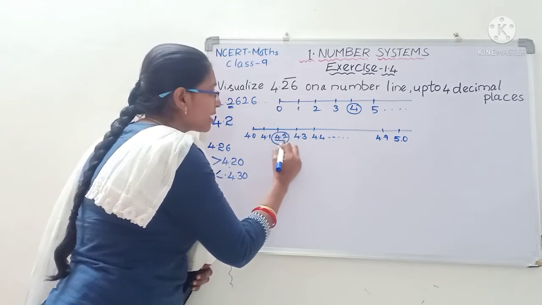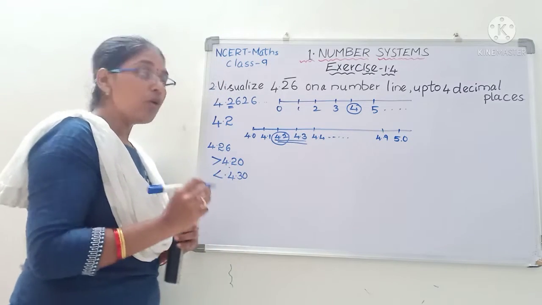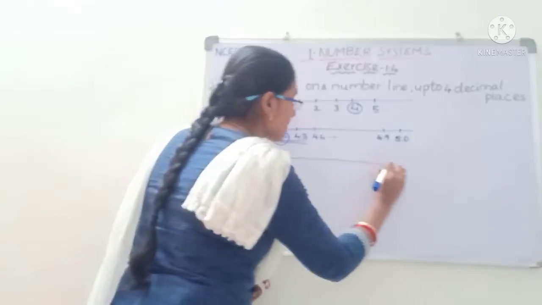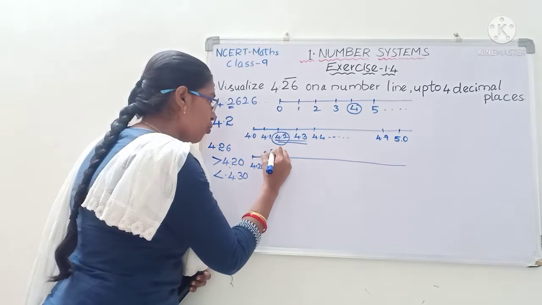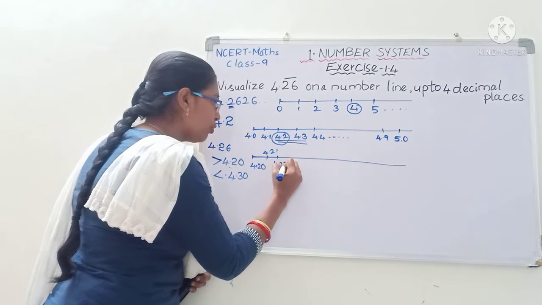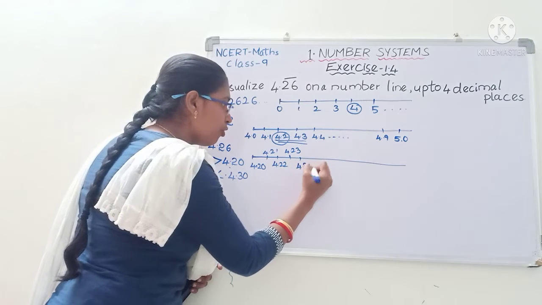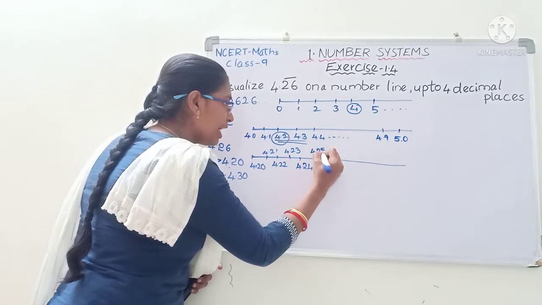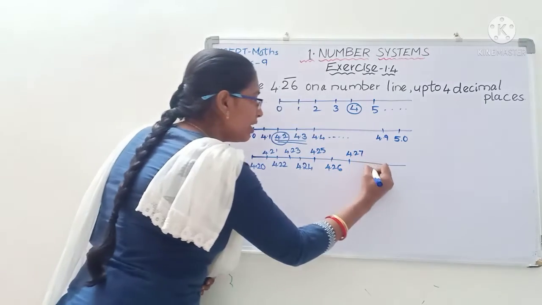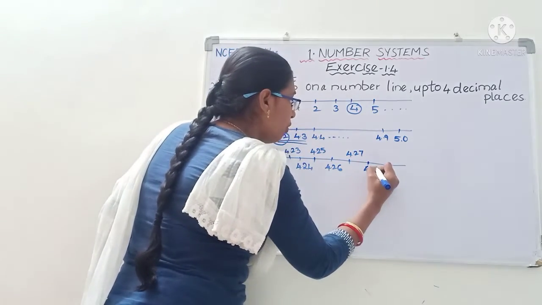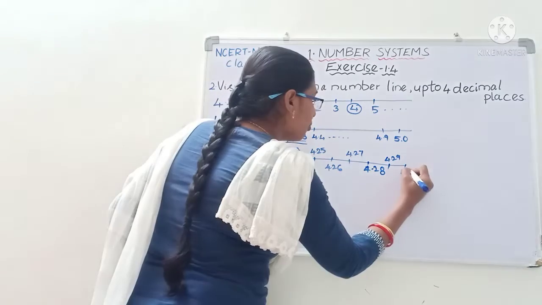So this part of the line segment between 4.2 and 4.3, let us divide it into 10 equal parts. 4.20, 4.21, 4.22, 4.23, 4.24, 4.25, 4.26, 4.27, 4.28, 4.29, then you get 4.30.